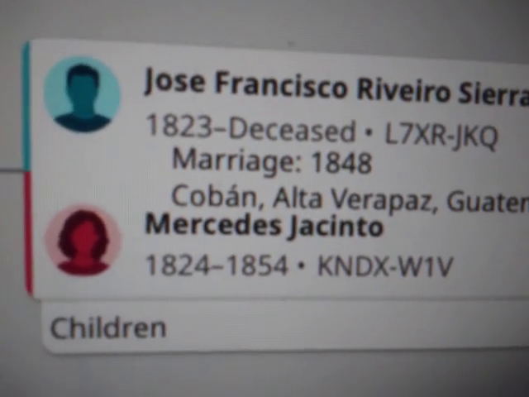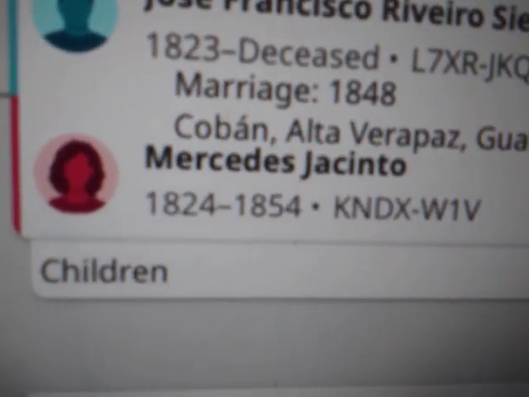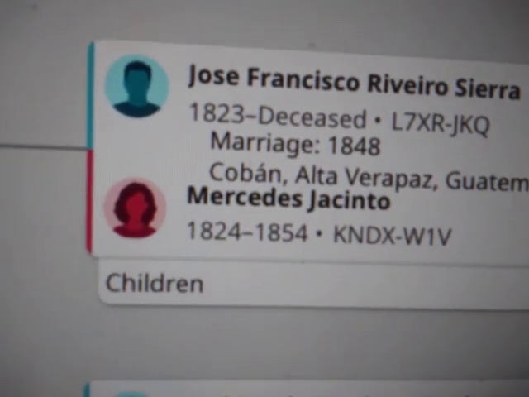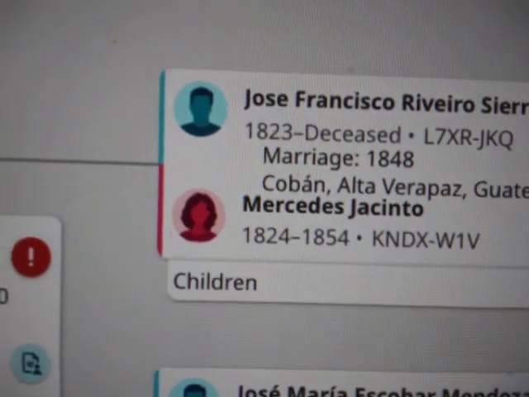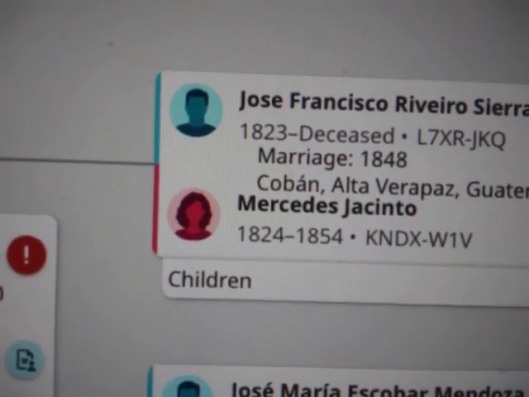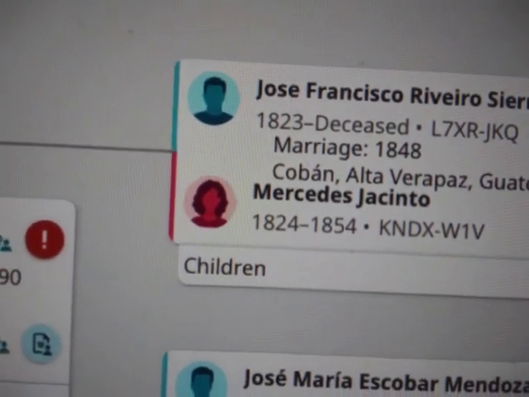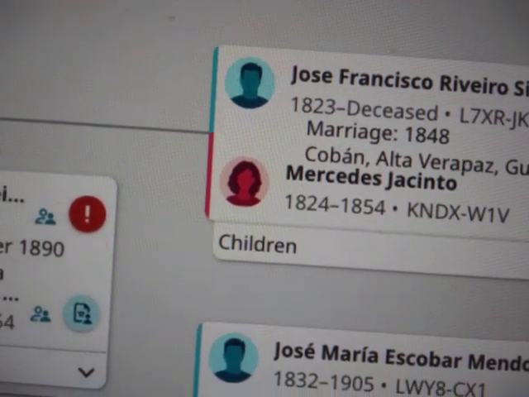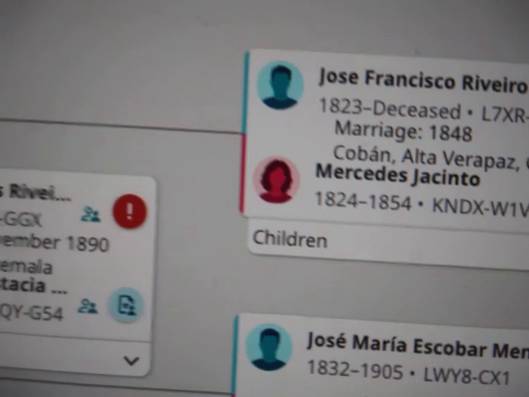They married in 1848. At least we have a marriage date for them. And then there is Mercedes Jacinto, no maiden name, but at least we have some dates, 1824, 1854. So she was only 30 years old when she died, so she was young.